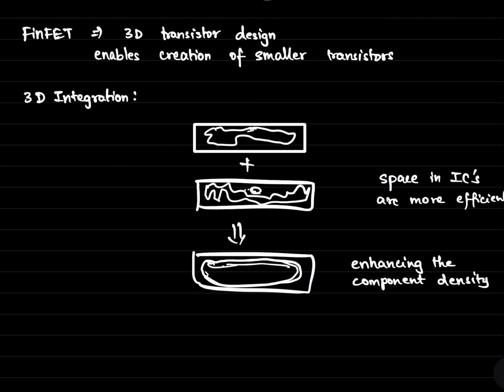Another advantage of ICs is power consumption reduction. So how is power consumption reduced in ICs? Power consumption in an electronic circuit is directly proportional to the square of the voltage. So even a small reduction in the supply voltage can reduce the power significantly.